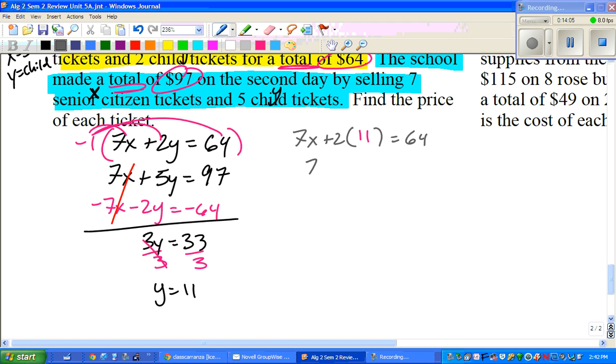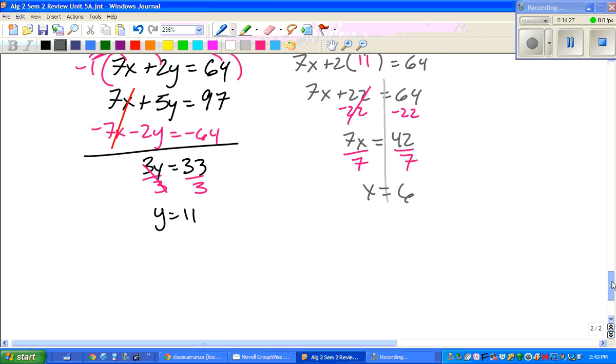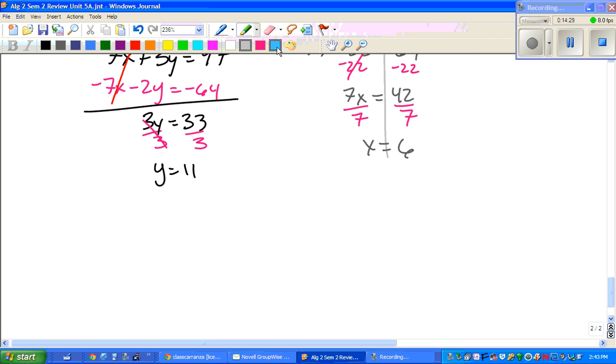Okay, so 2 times 11 is 22. Subtract the 22 from both sides. 7x equals 42. Divide by 7, and we get a grand total of x is 6.